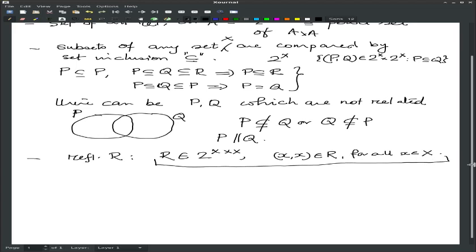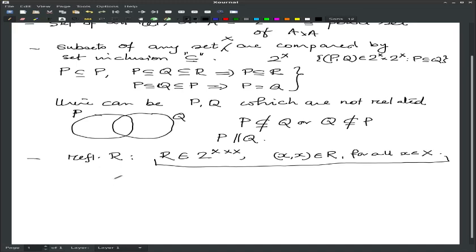Obviously every subset of X cross X may not satisfy this property. Now for instance, there was this question from Ayub whether you should take a union.